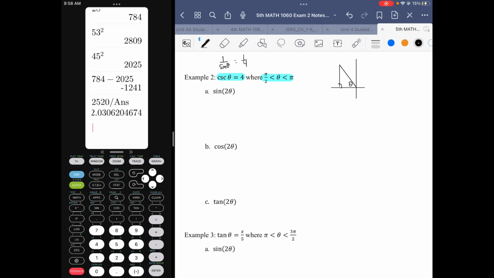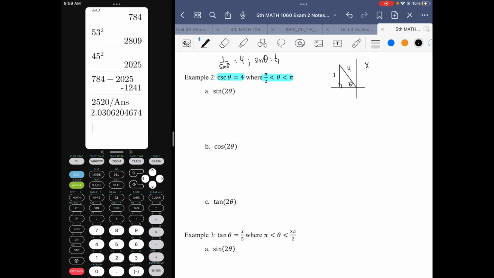This is theta. Sorry, I messed that up a little bit. So 1 over sine is 4, which means that sine itself is 1 over 4. So sine being 1 over 4 means this is 1 and this is 4. And keep in mind, we're in second quadrant. This needs to be a negative, right?